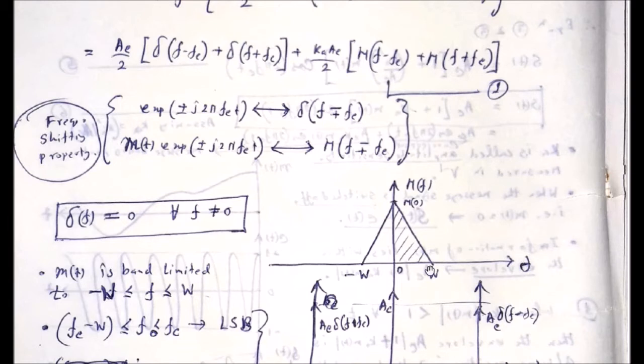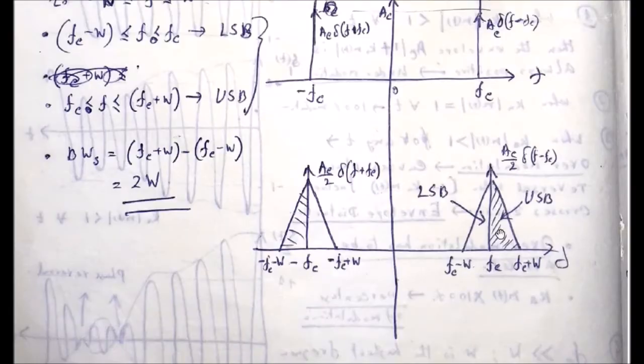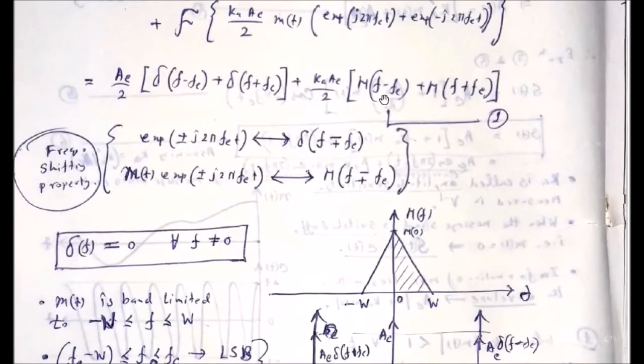The message signal was here, M(f). If you shift it to positive fc, then this whole thing will be right shifted, centered at fc. The minimum frequency component will be fc minus W, and the maximum frequency component will be fc plus W. And its mirror image will be here.